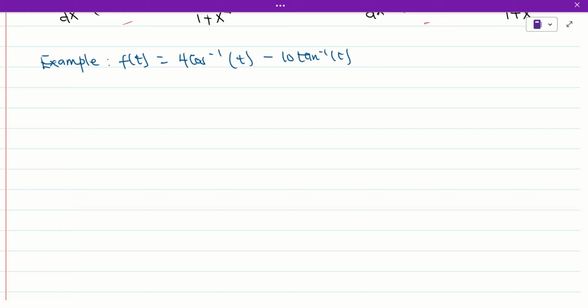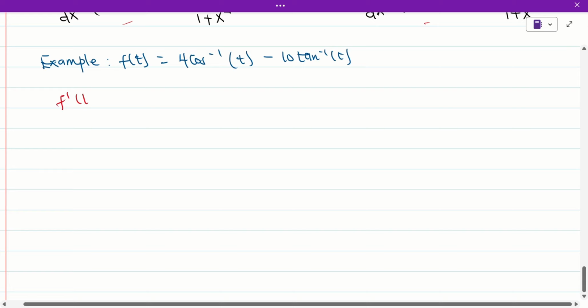So we have been given the function f of t equal to 4 cos inverse of t minus 10 tan inverse of t, and we have to find the derivative of f of t. So here our f prime of t will be equal to, we bring 4 out, then d/dt of cos inverse of t, minus, we bring 10 out, d/dt of tan inverse of t.